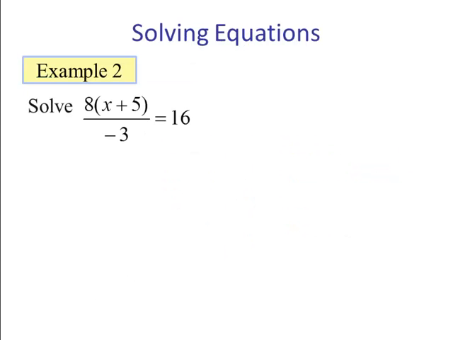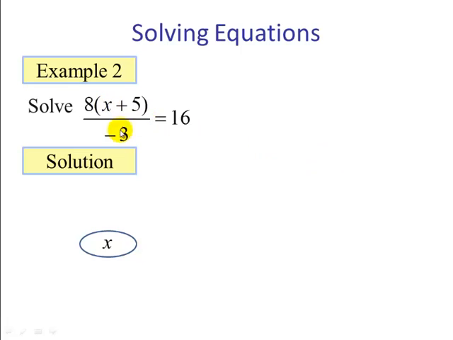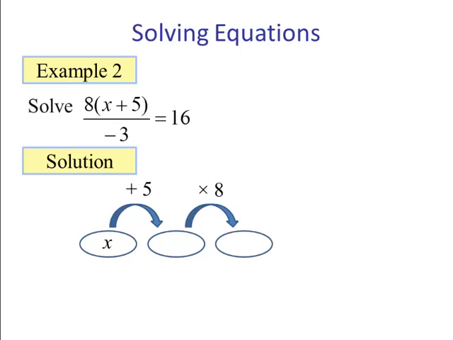Example 2. Let's look at a visual. So our first step is we're going to take x and we're going to add 5. Then for that number, we're going to multiply by 8. And then our last step is we divide that by negative 3.